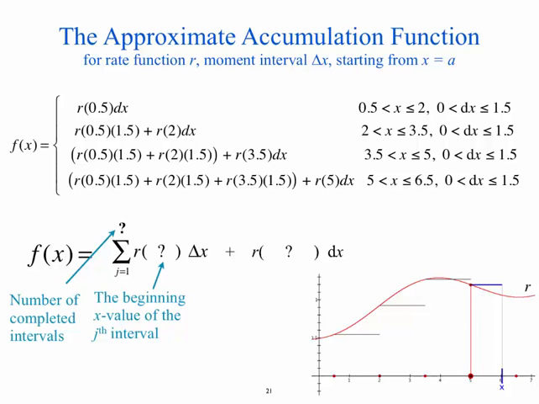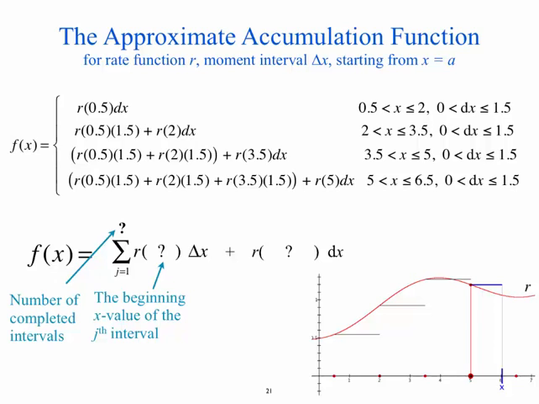So if j is 1, that's the first interval. We want R of the beginning x value in the first interval. That was 0.5. Now j is going to become 2. We're talking about the second completed interval. We want R of the beginning x value in that interval. And then j equals 3, the third interval. We want the x value at the left side, the beginning x value of the j-th interval.